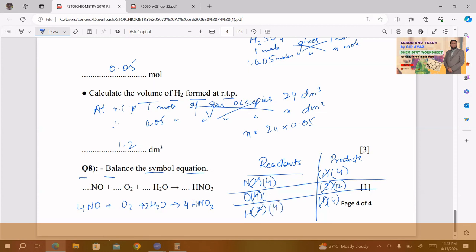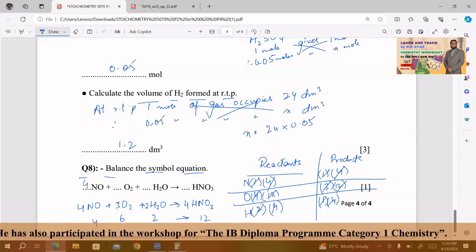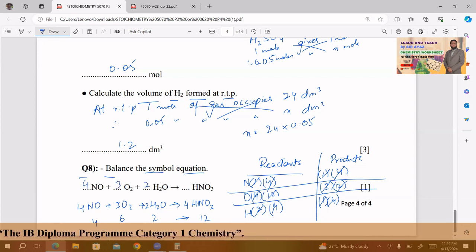What about oxygen now? 4 plus 2 plus 2, which means it's 8. What if I place 3 before O2? 3 times 2 is 6, 6 plus 4 plus 2 becomes equal to 12. Now this equation is balanced. So I will write 4 here, 3 here, 2 here, and 4 here. This equation is now balanced.